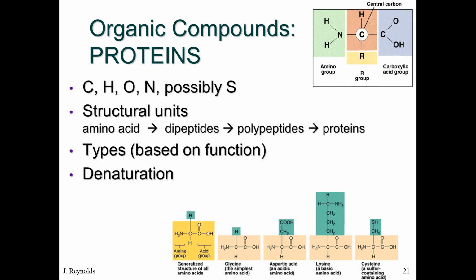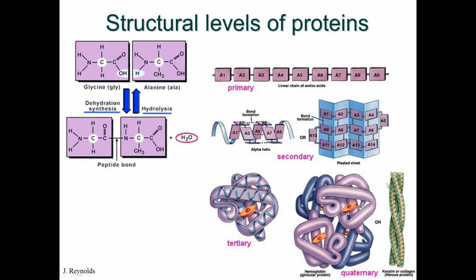And so the hydrogen at the outer end has a slight positive charge. That means that if you have two side chains coming together, with a slight positive charge on one and a slight negative charge on the other, they're going to be attracted to each other. And that's what pulls the protein molecule into this secondary structure. It's the hydrogen bonding attractions between the side chains.